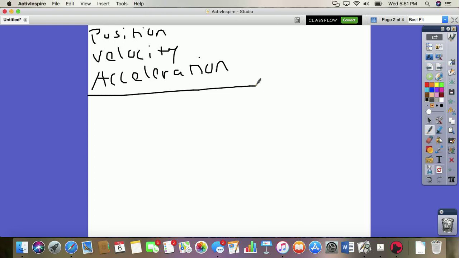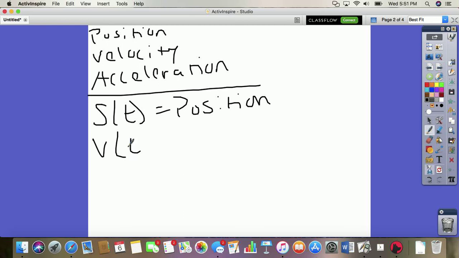Let's start off with the first one. We normally see position shown in terms of s of t. This shows us the position of a function, whether it is a certain point on a curve or where a particle actually is at a given time on the curve itself, all right? The relationship between position and velocity is that velocity is the derivative of position.